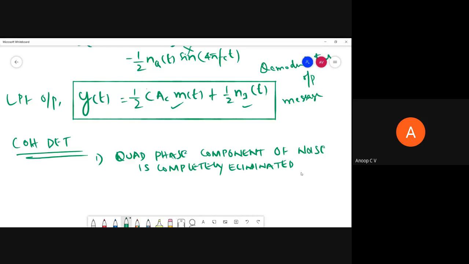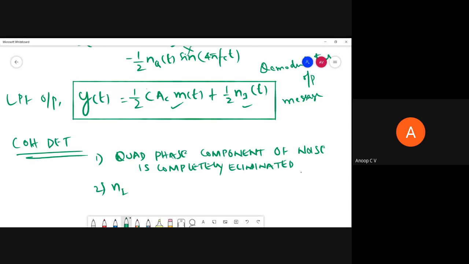So the second point: the in phase component, I'll write it as Ni, the in phase component of filtered noise is additively mutilating this message signal. Or I can say the message signal and the in phase noise component appear additively at the receiver output.